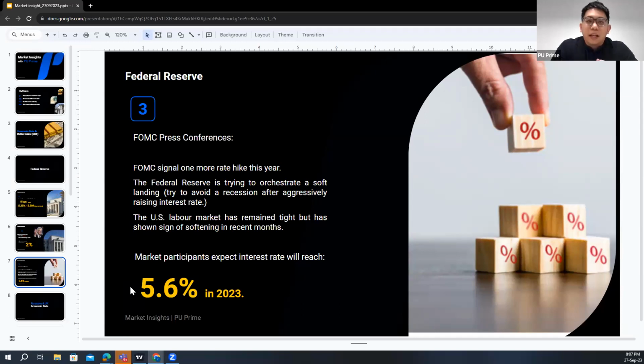So what is a soft landing? We know that if the central bank of a country increases the interest rate sharply, it will harm the economy. It discourages economic activity, and when this happens it might lead the markets into a recession.